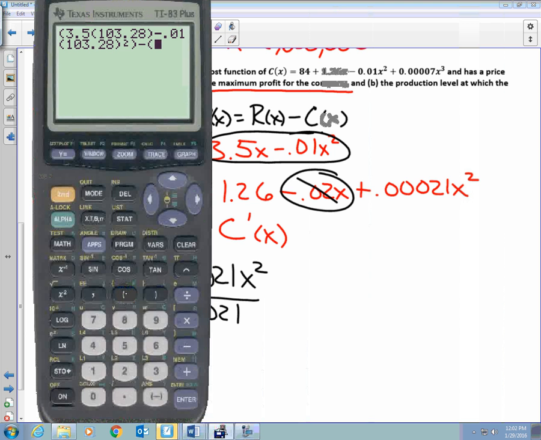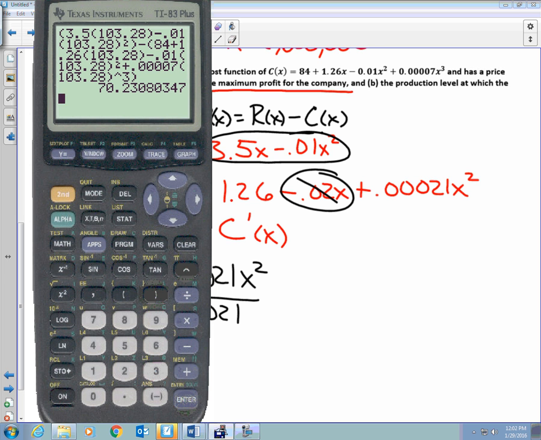So parentheses, 84 plus 1.26 times 103.28 minus 0.01 times 103.28 squared plus 0.1234 times 103.28 raised to the third, and parenthesis, 70.23.